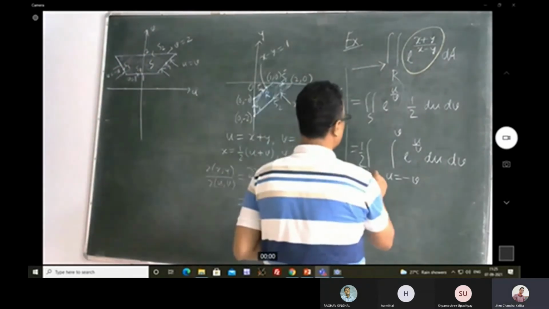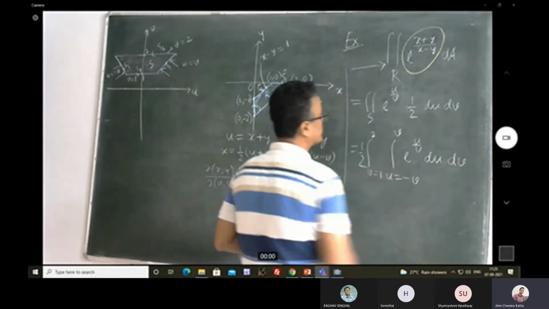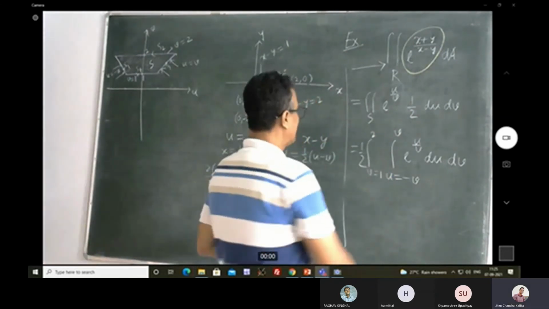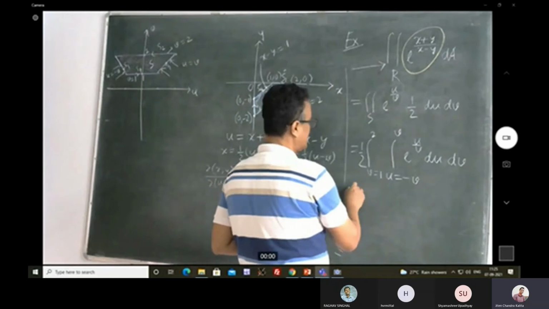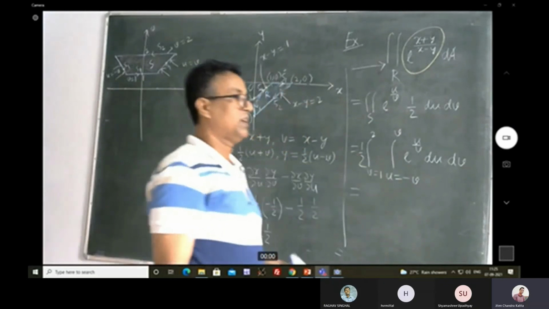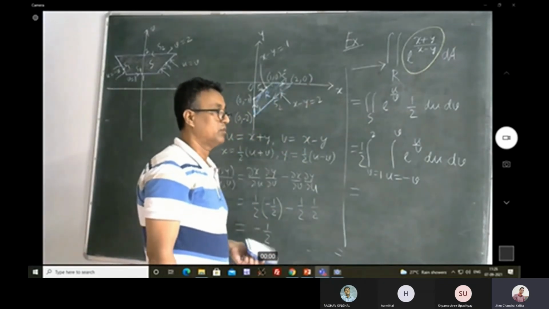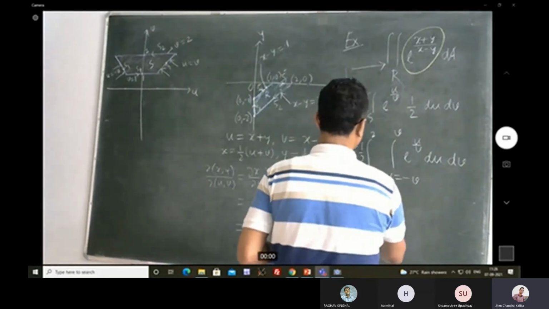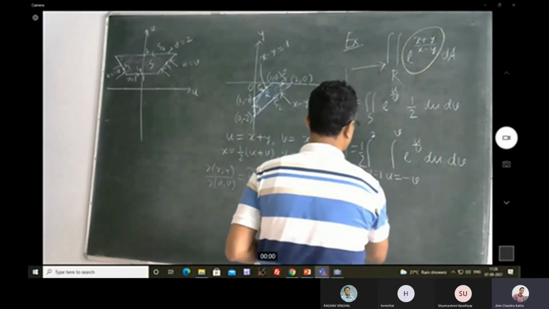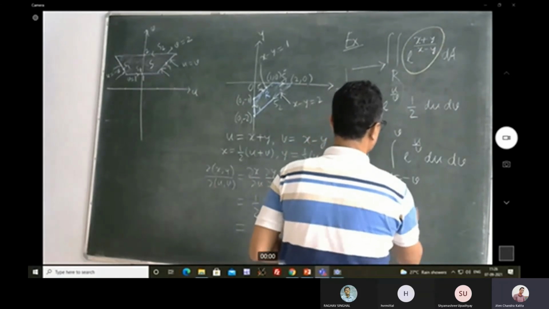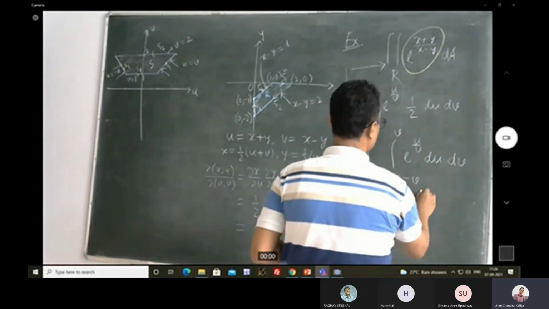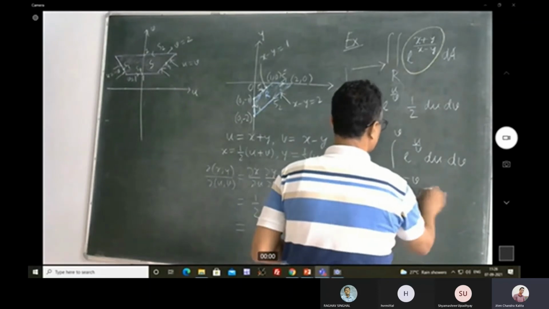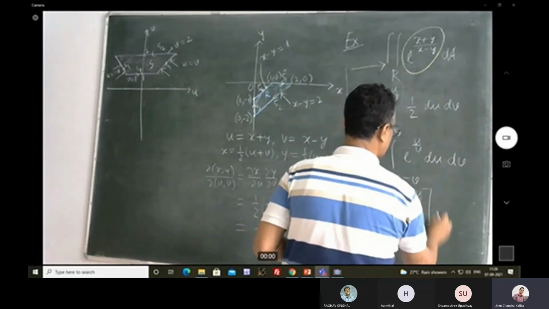So v equal to 1 to 2, and you can easily integrate it. I don't want to spend much time on that. I have already told you. So basically, you are going to get half, I mean v e to the power u by v.